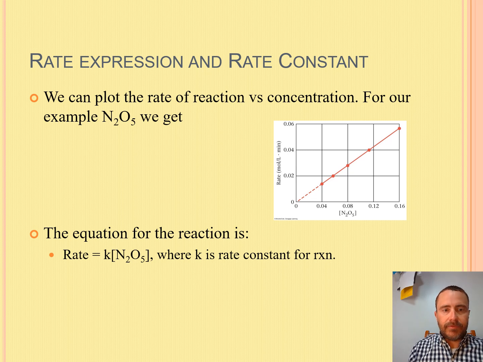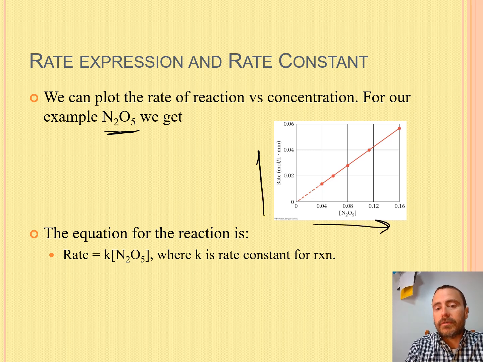If we plot the rate of our reaction versus its concentration, remember that as we increase the concentration of our reactant, in this case N2O5, we increase the rate of our reaction as well. And if we do this, we actually get a linear plot in this case.